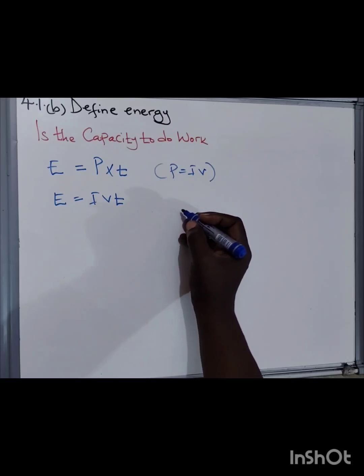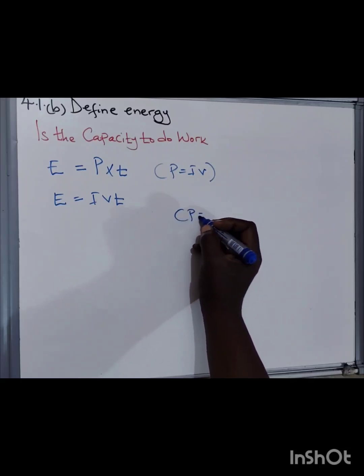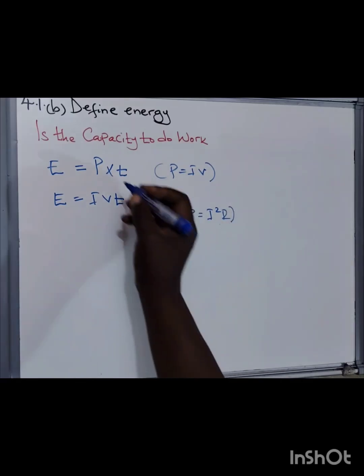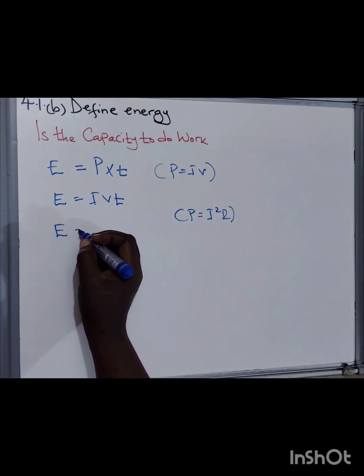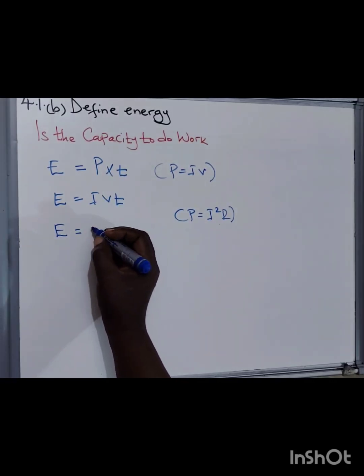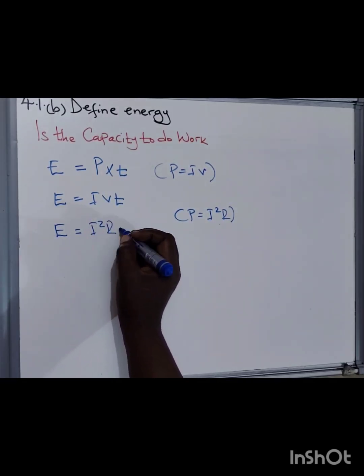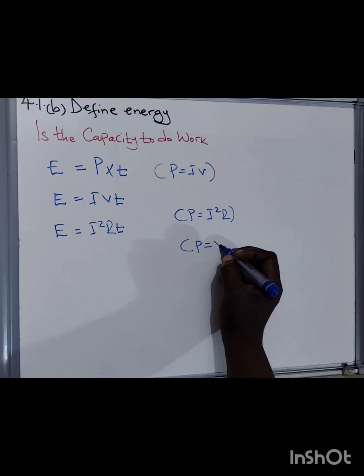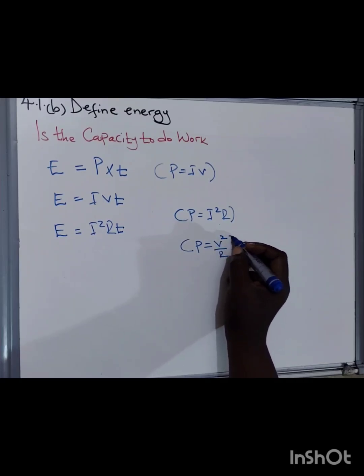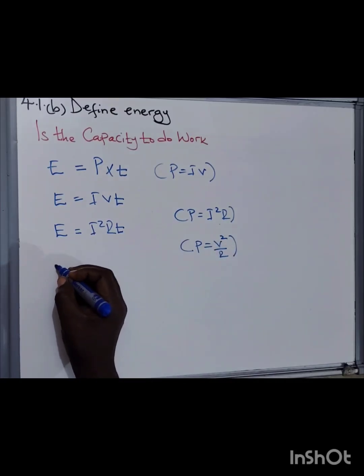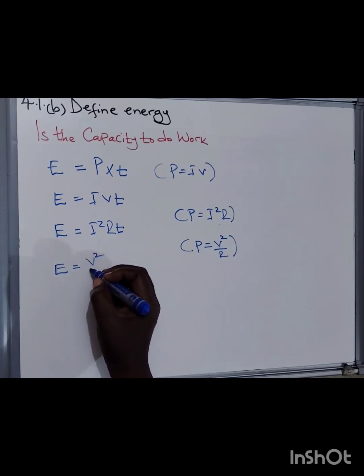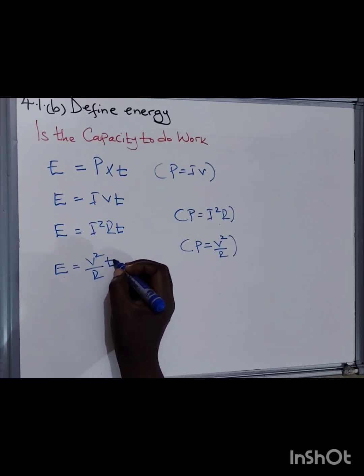We also have to remember that we saw power as I squared R, which means that we can have energy as I squared RT. Okay. So we have to remember that we saw power as V squared over R, giving you energy as V squared over R times T.